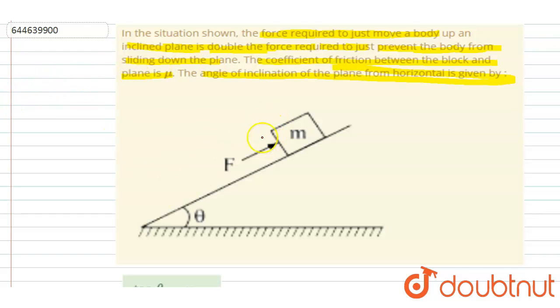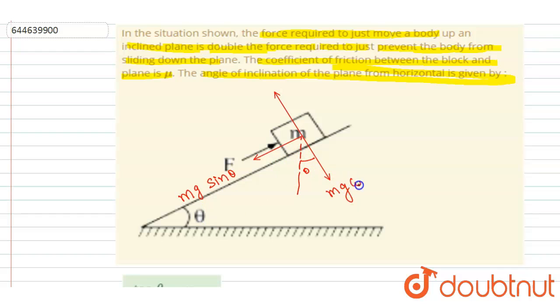So if you see here, the normal reaction will be acting in the upward direction, and the component of g will be there along the plane and perpendicular to the plane. Along the plane, the component will be mg sin θ. If this angle is θ, this angle will also be θ, and this angle will be 90 minus θ, right?